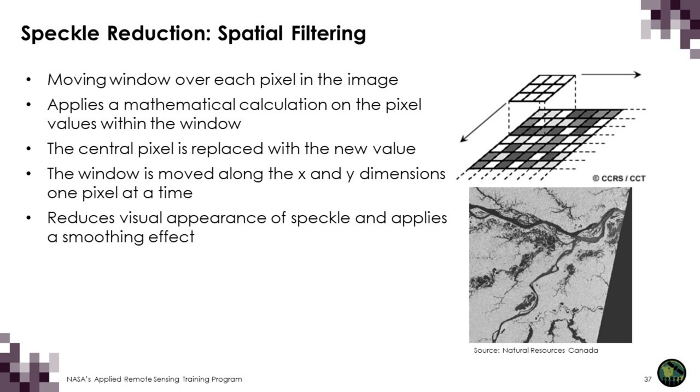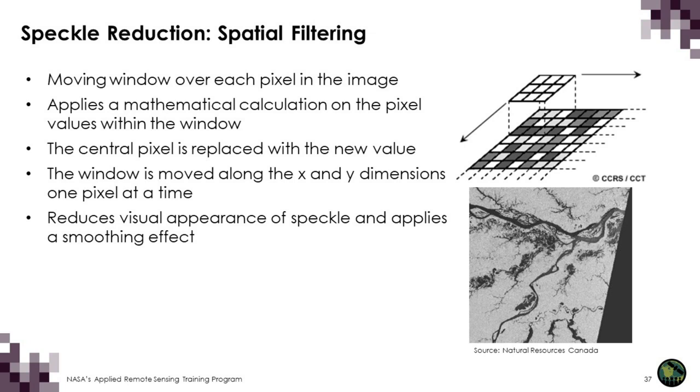Now, spatial filtering reduces speckle at the expense of resolution, and therefore the amount of speckle reduction desired must be balanced by the particular application the image is being used for and the amount of detail required. So if you require really high resolution, you might want to use a very small filter or window.